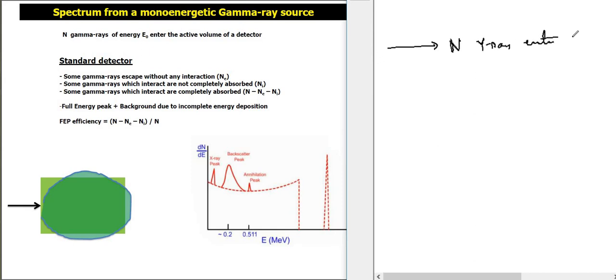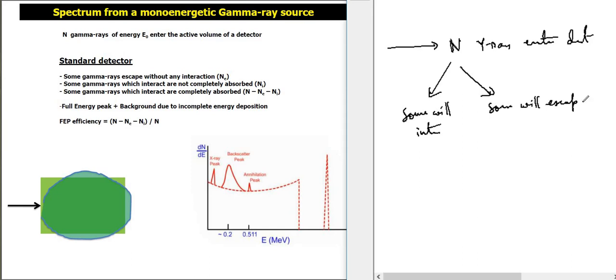Next, out of these n gamma rays, some will interact with the detector, and some will escape without any interaction. Let us call them NE. So escape without interaction.